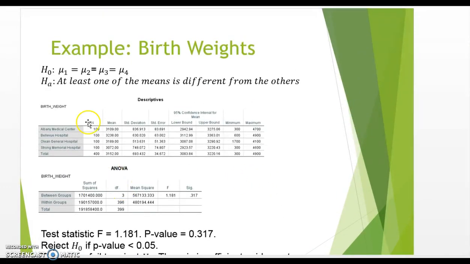First of all, the test statistic. In the ANOVA test, the test statistic is F. So the F statistic is 1.181. The last column, Sig, represents the p-value. So the p-value here is 0.317.